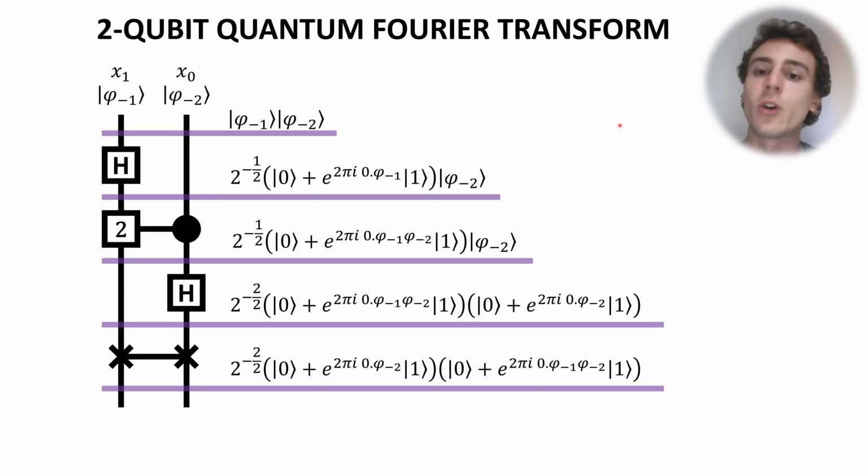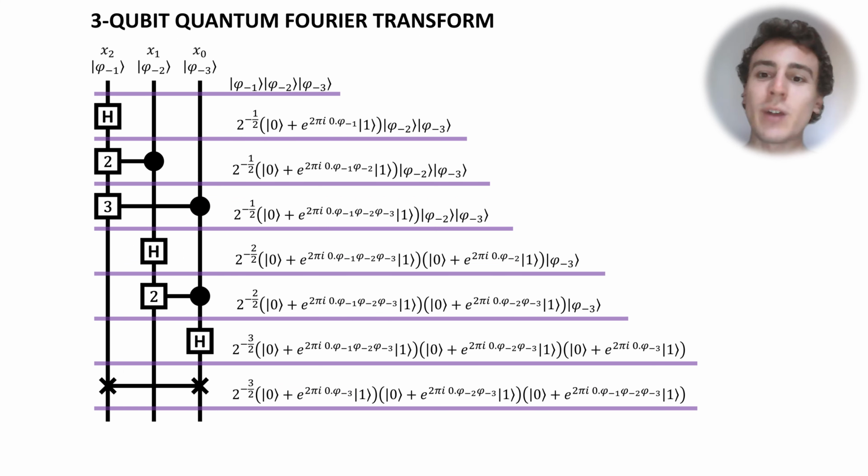Now let's move on to the 3-qubit case. This diagram depicts the 3-qubit quantum Fourier transform. Let's have a look at the first snapshot. This first snapshot shows us the quantum state immediately after initialization. We are initializing in a 3-qubit computational basis state.